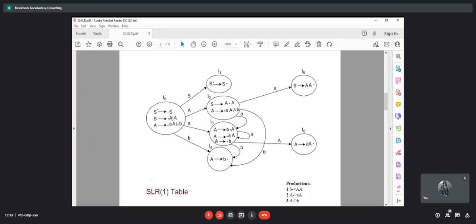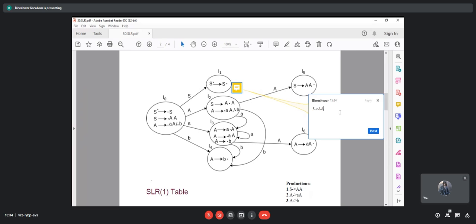Then next, if you consider the second one, then we consider go to, then we consider closure over here. So here what it becomes, S derives a dot A. Okay.